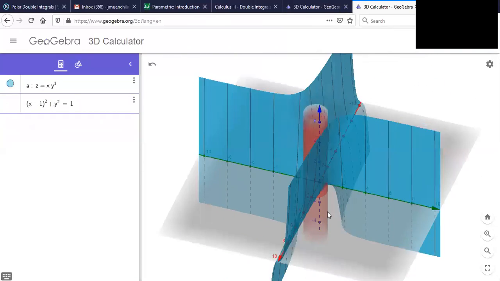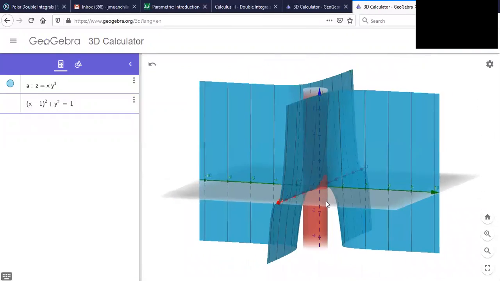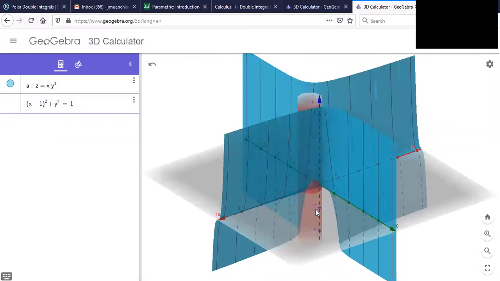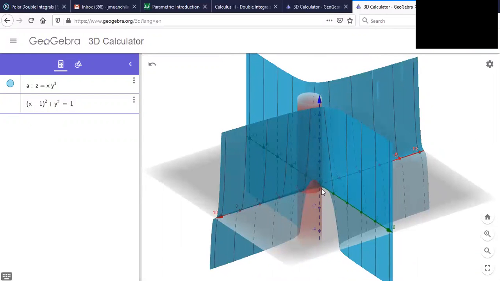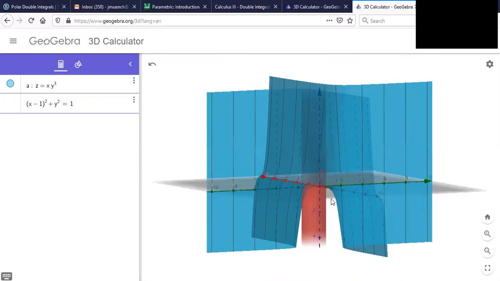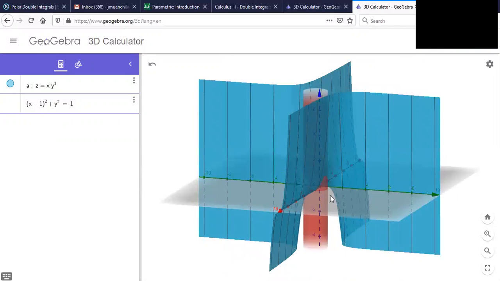And what that looks like is just this little region here. That's what we're working with here. So let's take a look at how we would go about solving that.